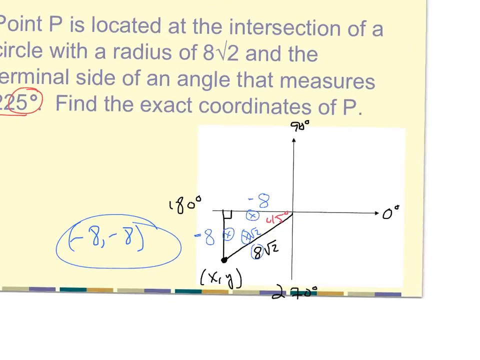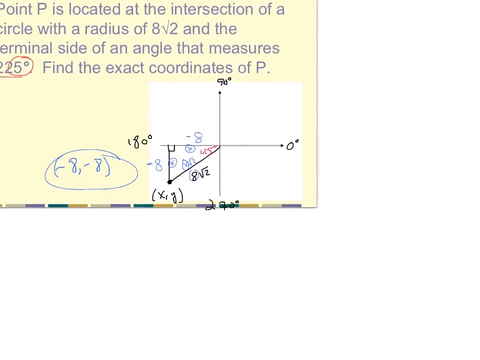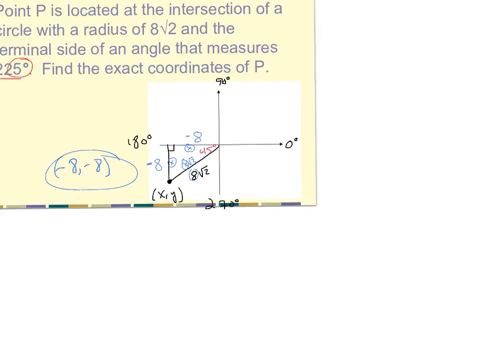If you prefer the other method that we used where we know that r times sine of theta is equal to y, and r times cosine of theta is equal to x, you could still do that, and you'd get 8 root 2 times, and we would use the reference angle to find it, but that's where you have to be a little careful because there's positive and negative values that we have to worry about.